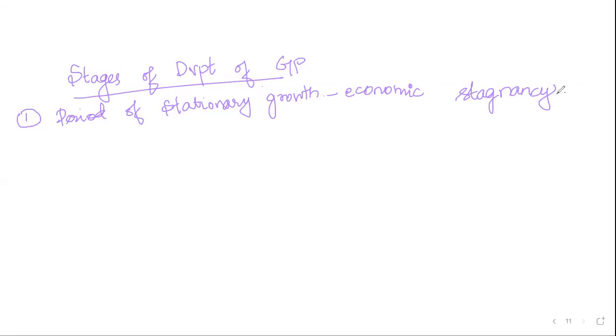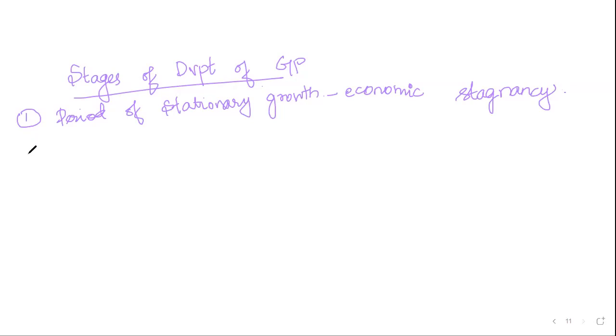Though that place will have resources, there is no utilization of resources. The place will have capital, but mobilization of the capital will not take place. Labor will be there, but because of the absence of industries, that labor will not have good venues for working. So that is the first stage, stationary growth.